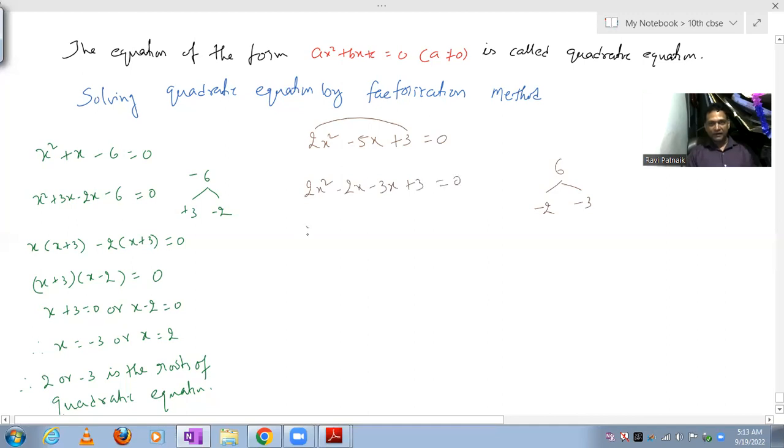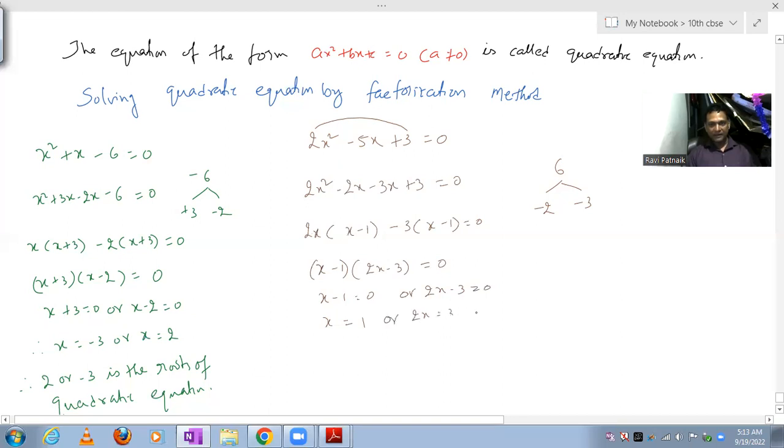Now if you are taking 2x common, then what will you get? x minus 1. If you are taking minus 3 common, x minus 1. If you are taking x minus 1 common, then you will get 2x minus 3. That is equal to 0, so either x minus 1 is equal to 0 or 2x minus 3 is equal to 0. Then x is equal to how much? 1, or 2x is equal to 3.